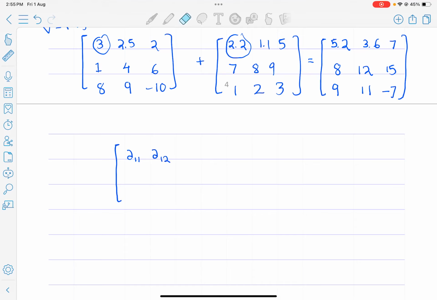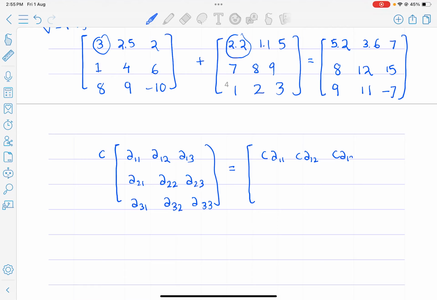Let's say c, an arbitrary real number. I define it like this: c A11, c A12, c A13, c A21, c A22, c A23, c A31, c A32, c A33.